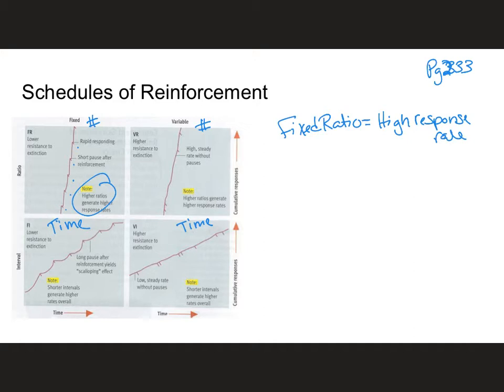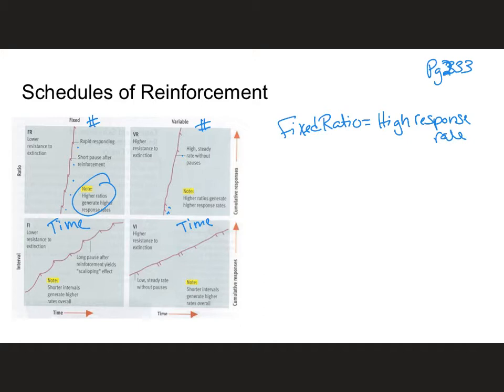Variable ratio. So this means that they're going to give you a reward after an undetermined number of responses. So your pigeon is pressing the little lever for food, you press, you get a reward. Press, get a reward. And then you have to press for a long time before you get another reward. But what we see happening is that we don't see any pauses.